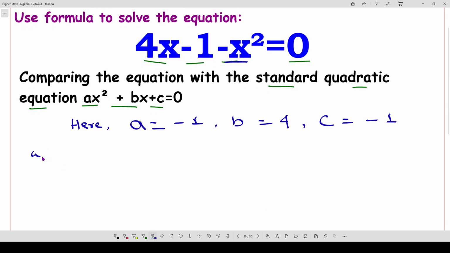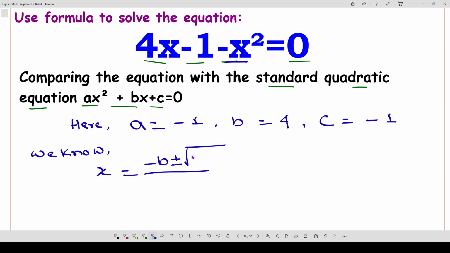We know, as per the standard quadratic equation formula, x equals minus b plus minus root over b square minus 4ac, divided by 2a.